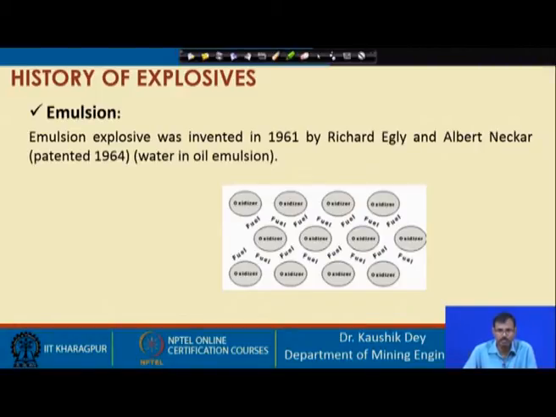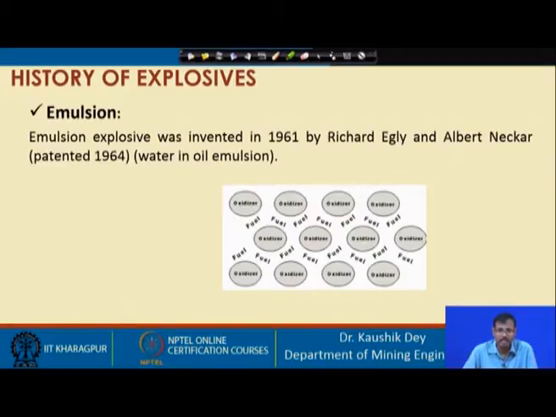So, we were in search of a strong explosive. The moment we found strong explosives, in terms of fulminating gold, TNT and nitroglycerin, we found that we did not have anything which could control their explosibility. Controlling their explosibility is very difficult.